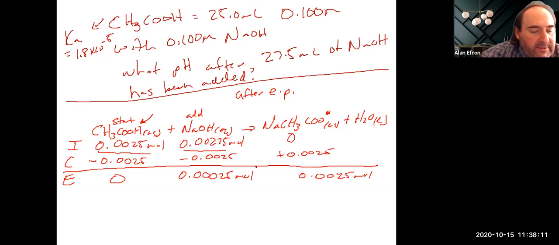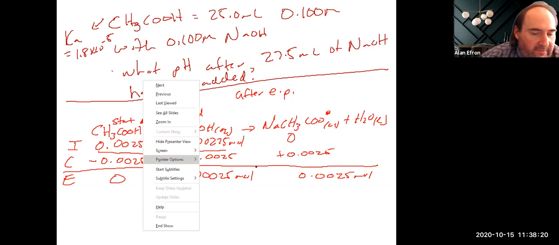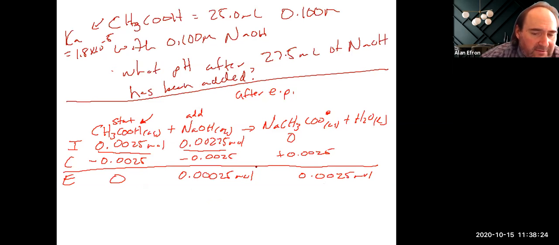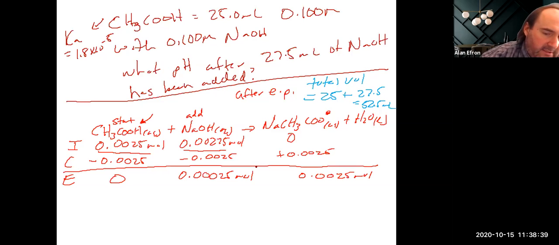At this point, it's pretty good practice that once you do that initial ICE table in moles, you go back and convert it into molarity. Otherwise, you can get into some trouble. Our total volume: we started with 25 milliliters in the flask and added 27.5, which gets us 52.5 milliliters.